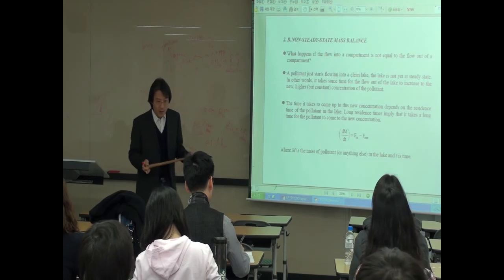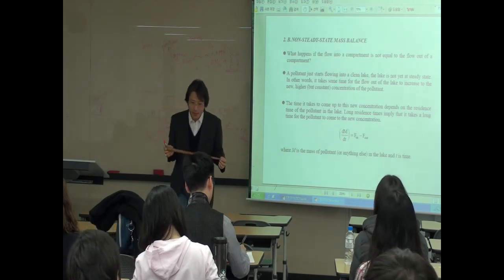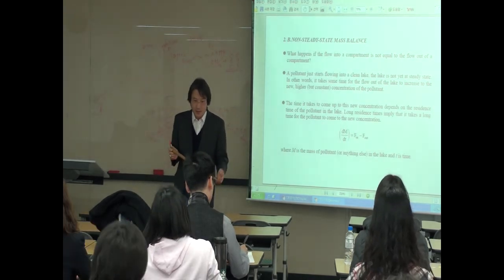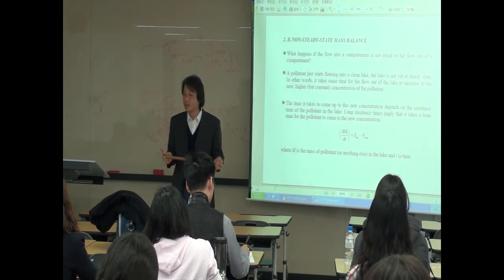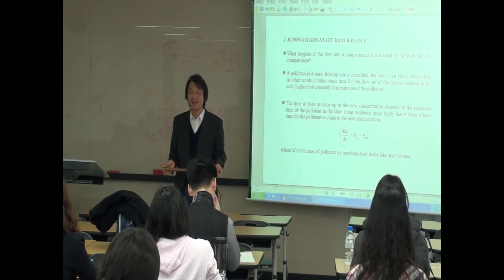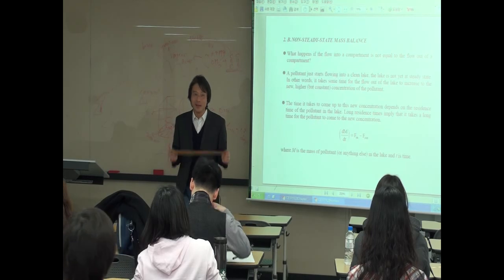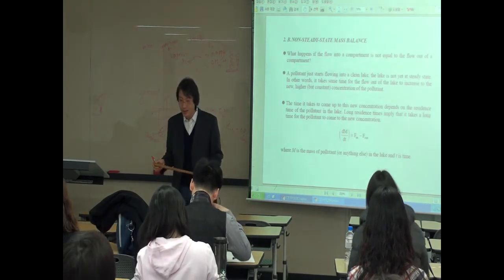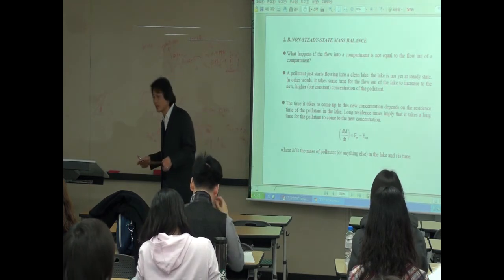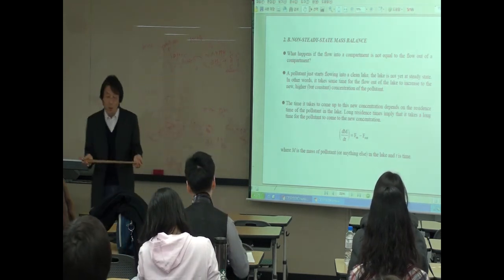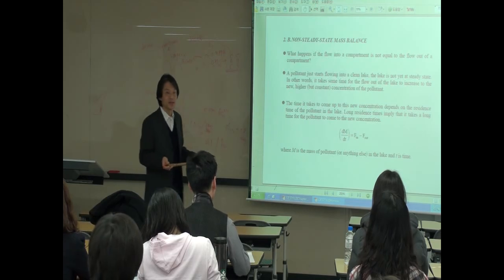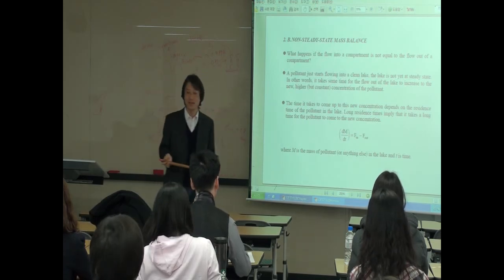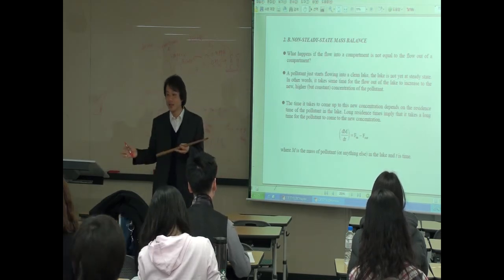So far, we have dealt with some steady-state mass balance, which can usually be called an idealistic boundary. But most of the environmental problems and most of the work you will deal with as an environmental engineer are non-steady state. It changes.